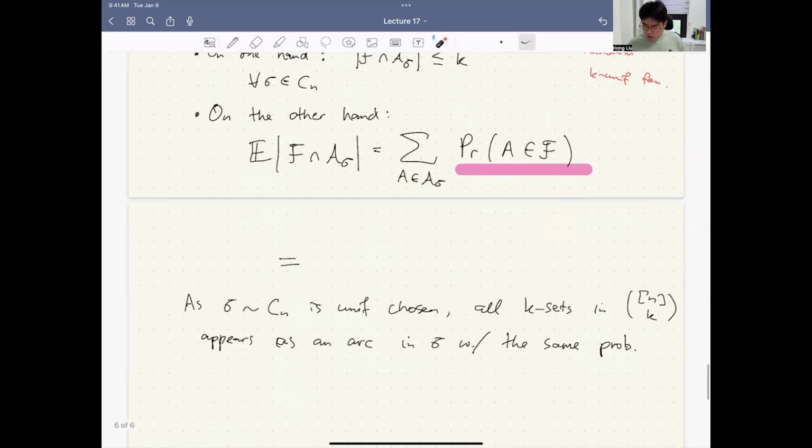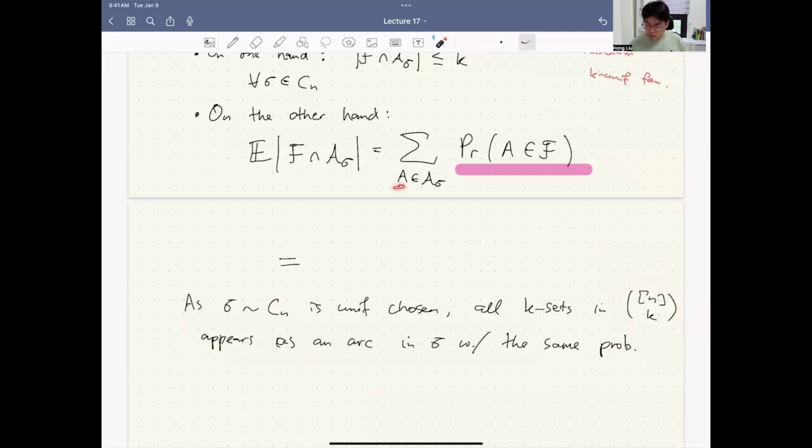So now the way I want to explain it is, sigma is uniformly chosen. So if you take an element from A sigma, the distribution of this element A is uniformly distributed over these ground sets, n choose k.